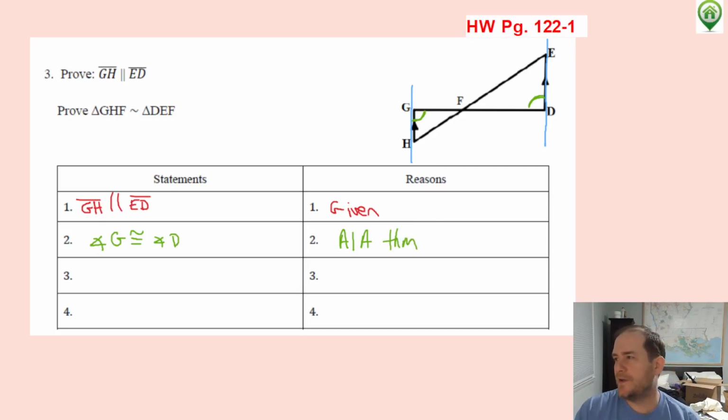Now if you want to use alternate interior angles again, then you can go for H being congruent to E. But I think I'm going to take the easier way out and just recognize that we've got vertical angles in the middle, of course. And I'll name them 1 and 2. And I'll say angle 1 is congruent to angle 2 by the vertical angles theorem.